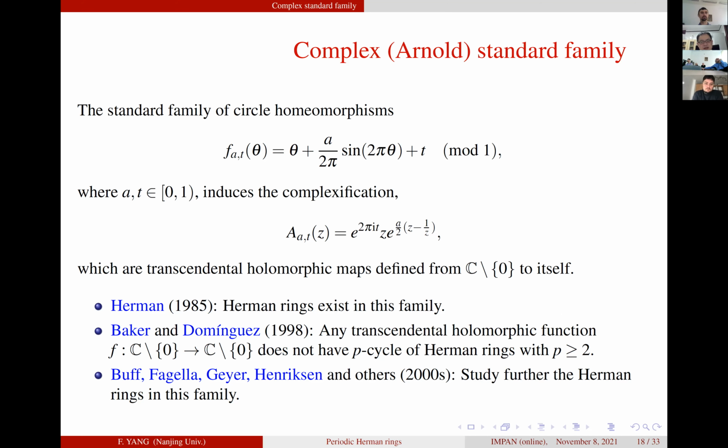Actually, they proved a stronger result, which implies this. And for this family containing Herman rings, Bill, Virginia, Nigeria, Henriksen, and others published a lot of papers on the Herman rings of this family.